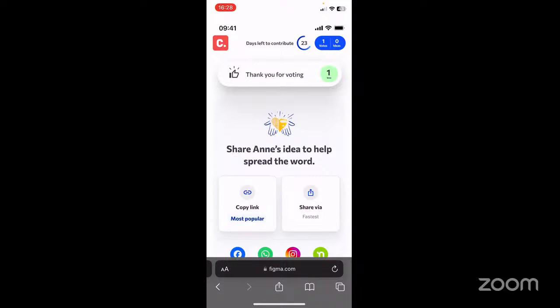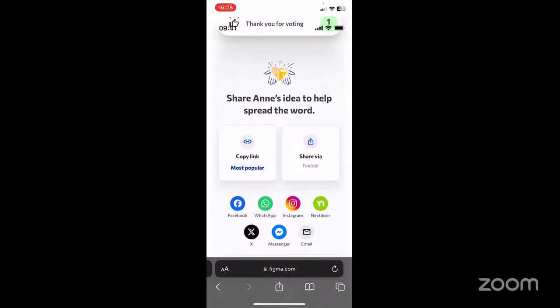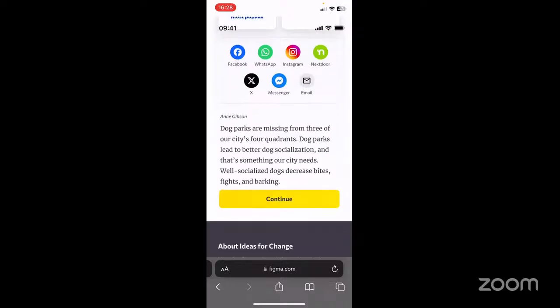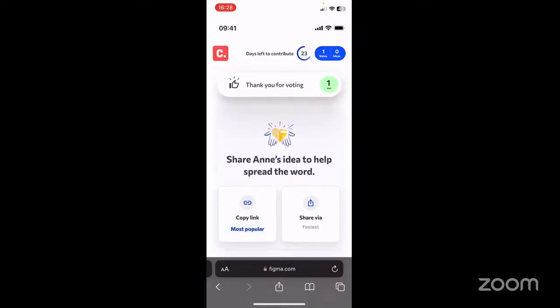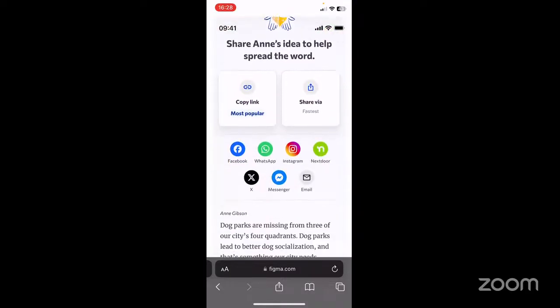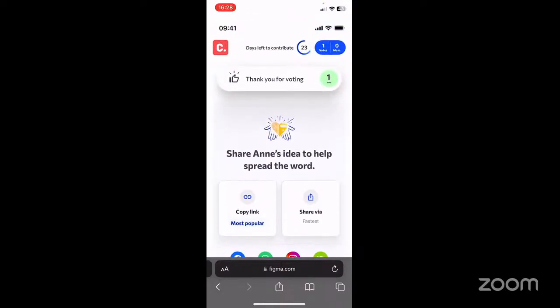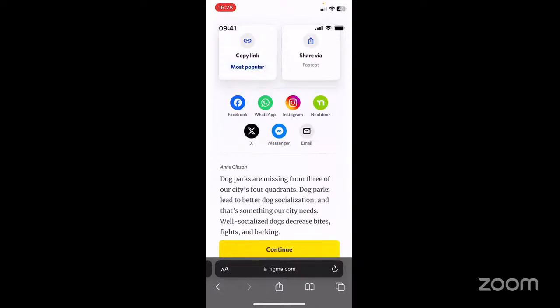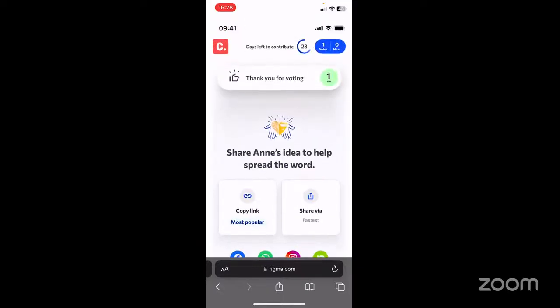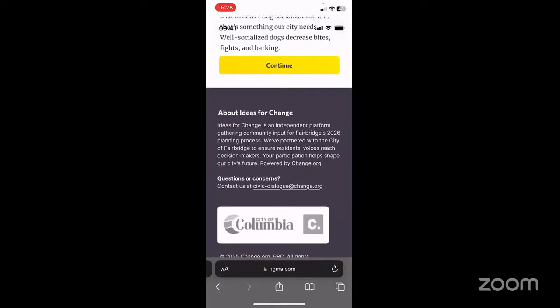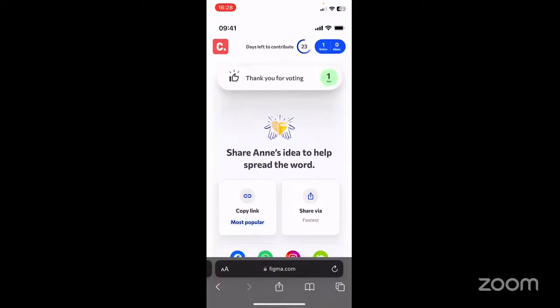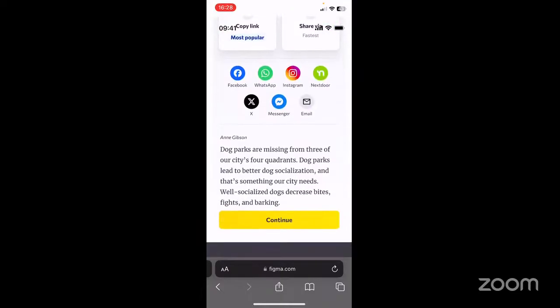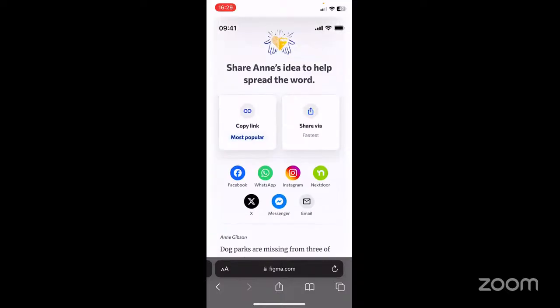Assuming you like the idea. I think if it was an idea I felt strongly about, I would share it, probably via text. But apart from that, I think I would want to go look at other ideas. You'd want to look at other ideas from here. Okay.